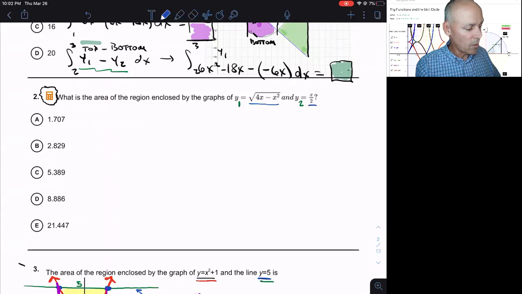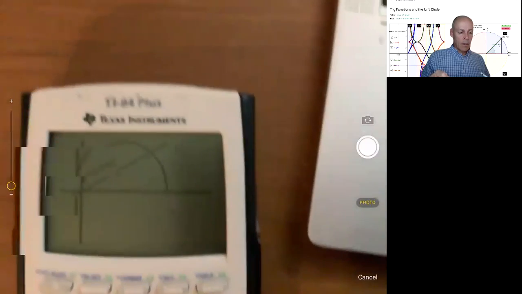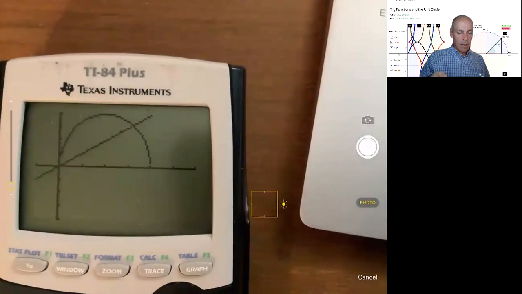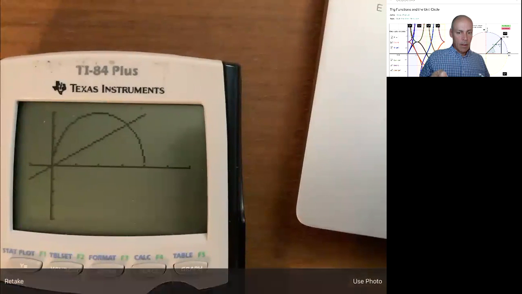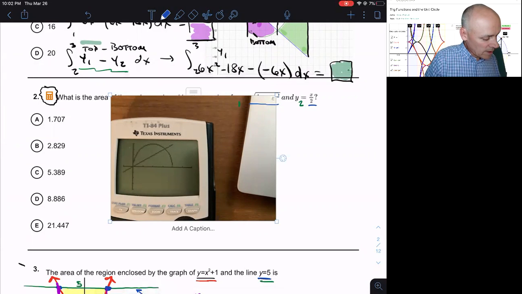And so what I'm looking to do, I'm going to show you a graph of that. So if I use this, just so that we can see the graph.